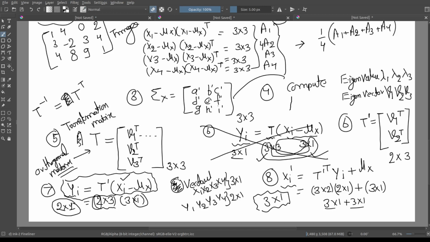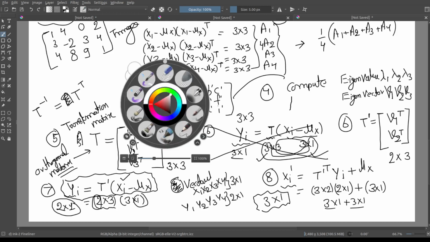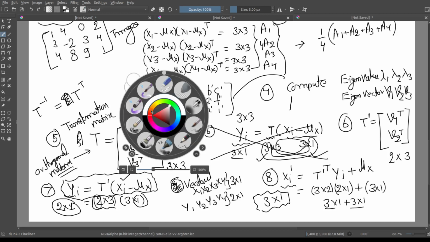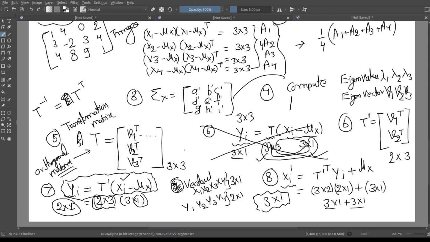See, if I ignore this V2 transpose also, what will be the dimension of T prime?